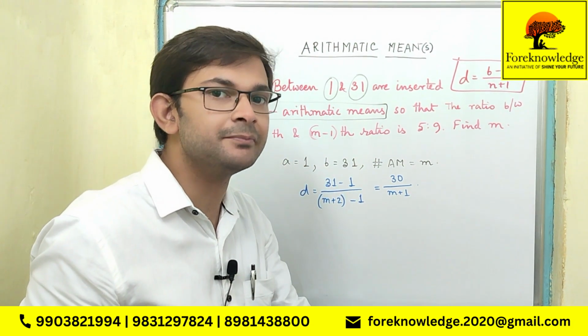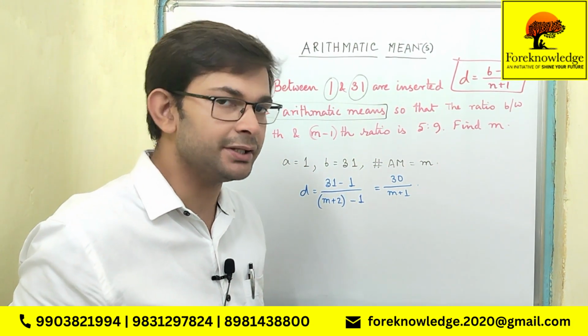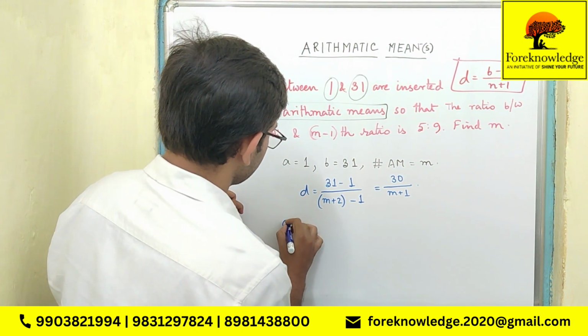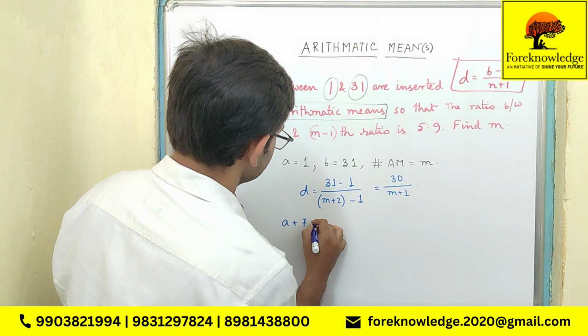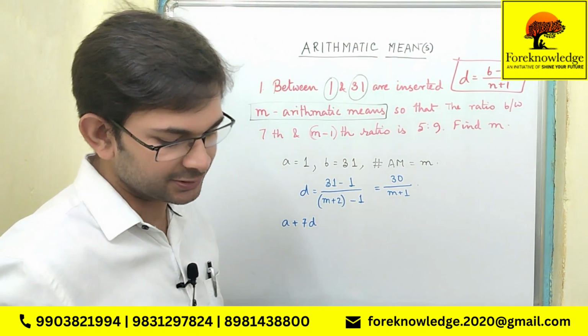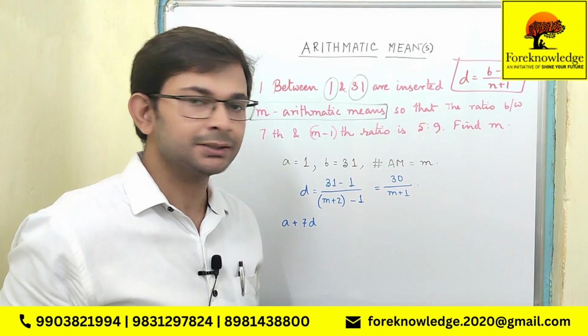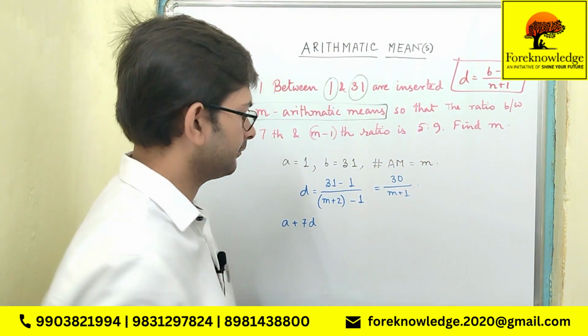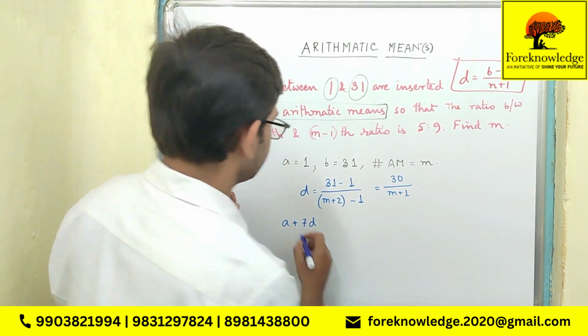So the 8th term will be nothing but a plus 7d, right? That is the 7th arithmetic mean or the 8th term in the AP. Both of them are correct.